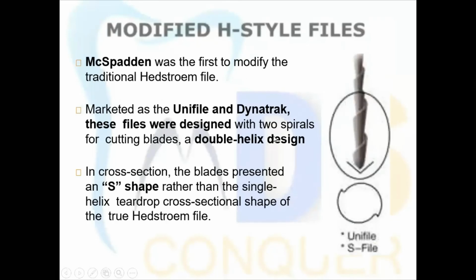The H file has also got its own modifications, and the first modification was given by Max Padden, which was marketed as Unifile. This Unifile has a double helix design when compared to the single helix design of the original version of H-type instruments.